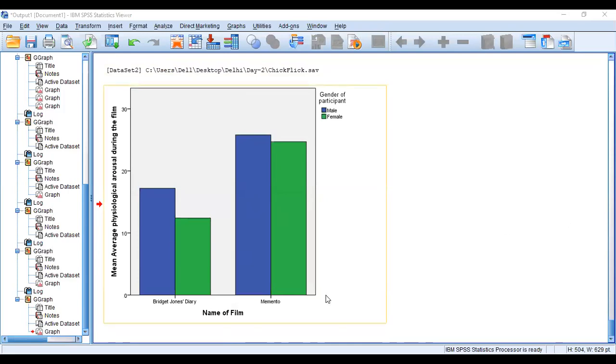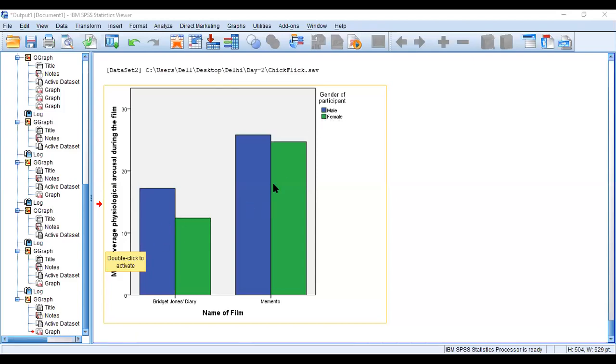Now I am interpreting this output. Through this output, we can compare our data. There are two movies: Bridget Jones' Diary and Memento. Here blue indicates male and green indicates female participants.